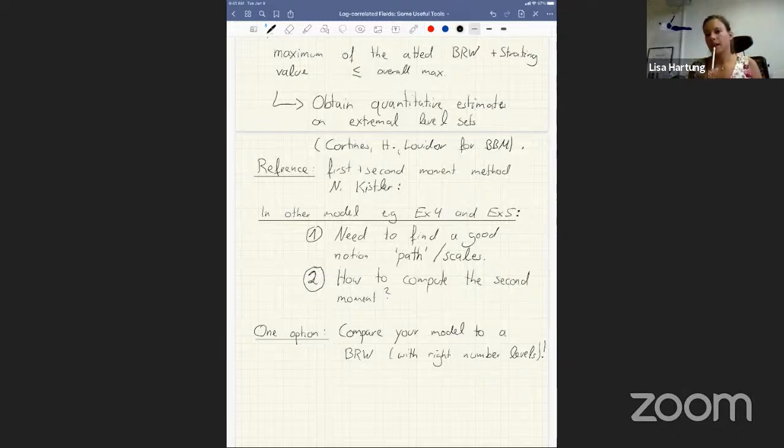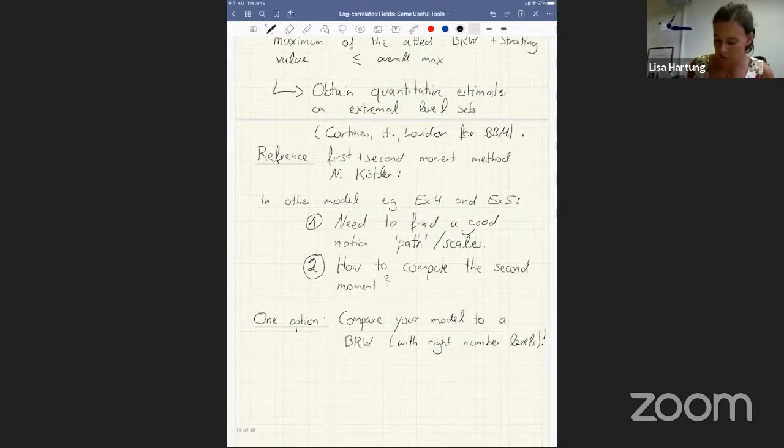Compare sounds nice, because we know all these models have a covariance structure that you can map from one to the other, because I started this mini course by saying all log-correlated fields are log-correlated. But of course, the question of how to do this comparison is not so easy.